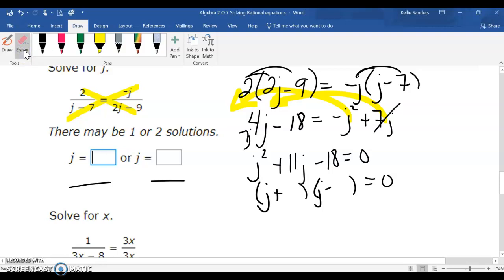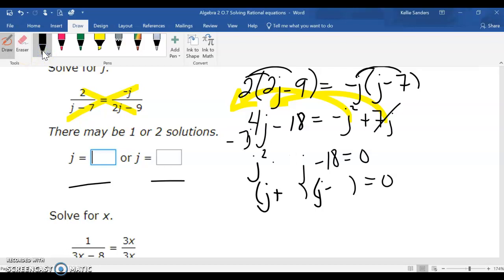Whenever I brought the 7 over, I was not supposed to add it. I was supposed to subtract it. And when I subtract it, 4 minus 7 is negative 3. So now, multiply to get negative 18, subtract to get negative 3 is a 6 and a 3. And then my zeros would be negative 3 and positive 6.